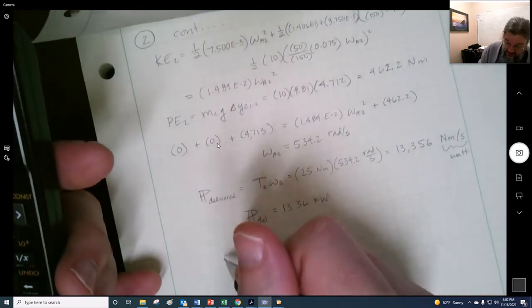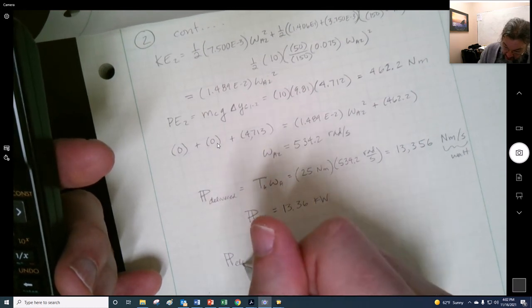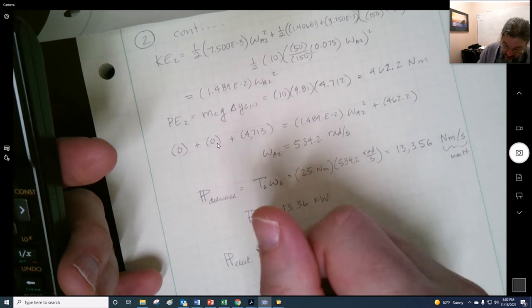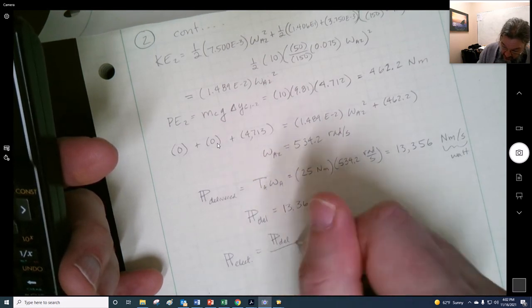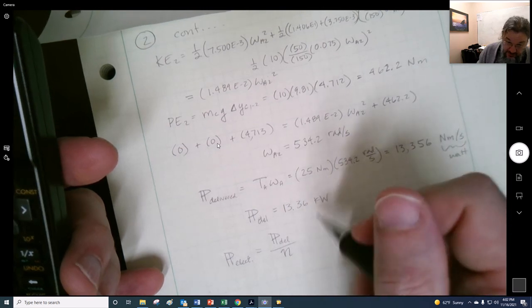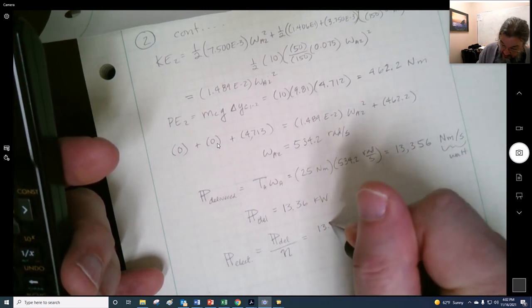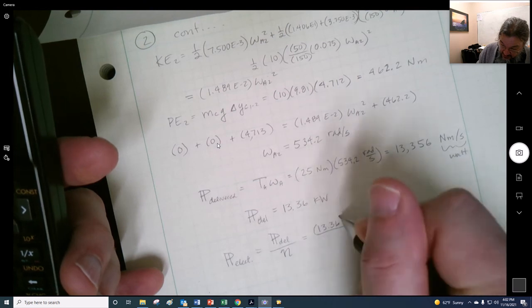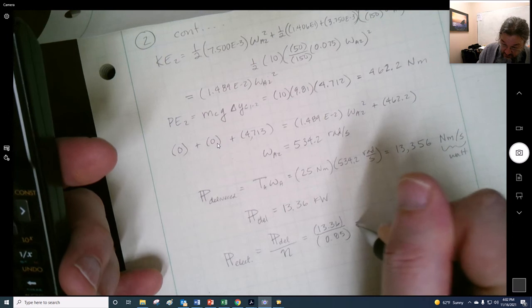But the electrical power is going to be the delivered divided by the efficiency of the motor. So 13.36 divided by 0.85.